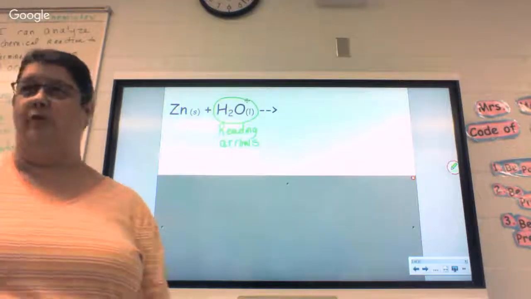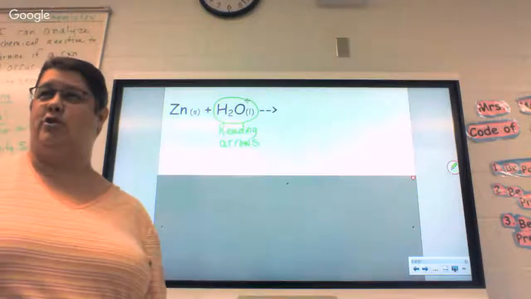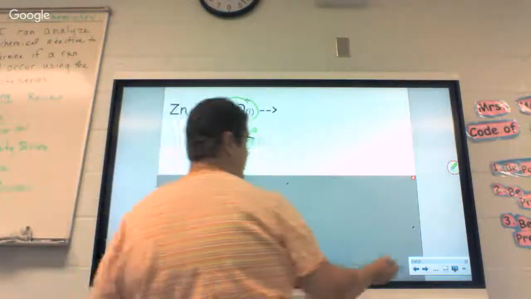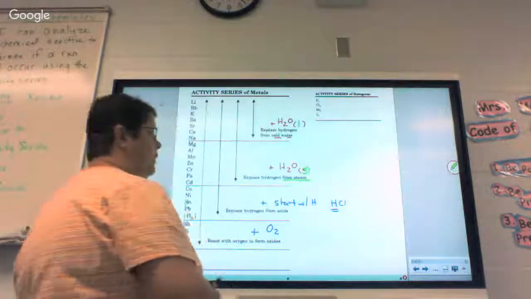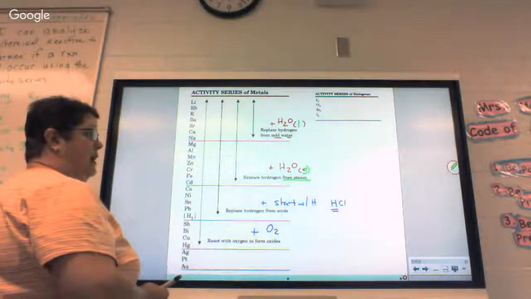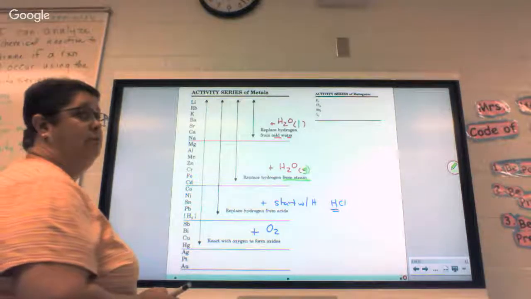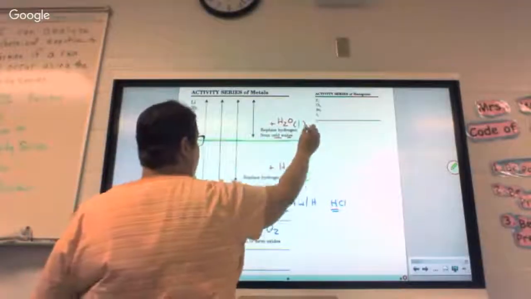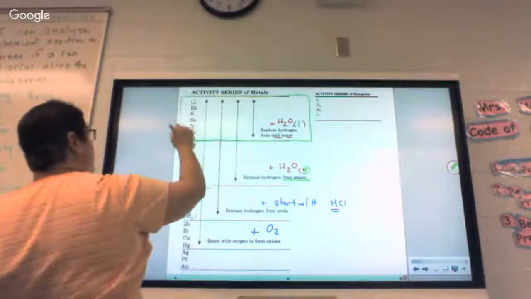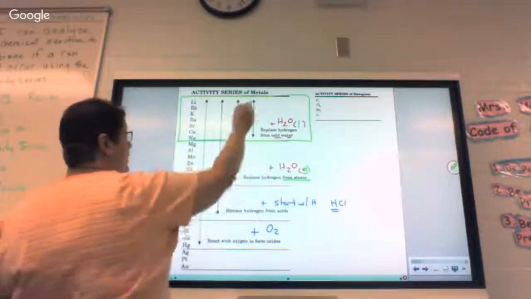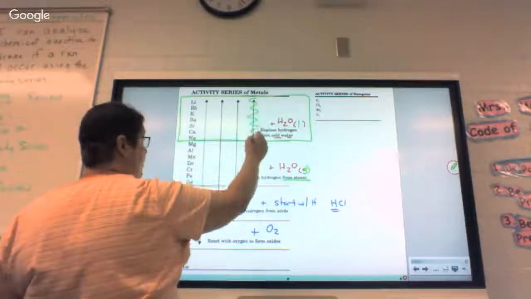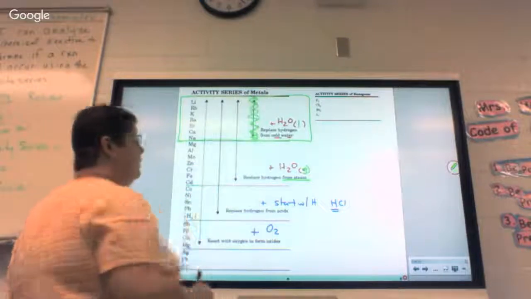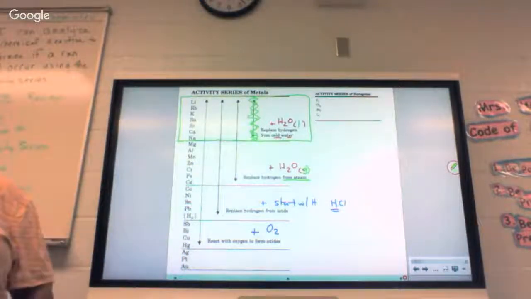Now, you cannot draw all over your blue chart, but I have these charts stuck in my presentation, so I can draw all over them. It says H2O is a liquid, right? If zinc falls in the arrow that goes with H2O as a liquid, then the reaction occurs.